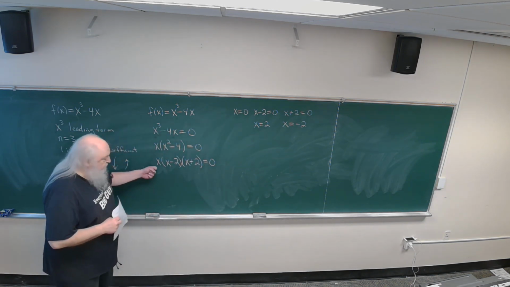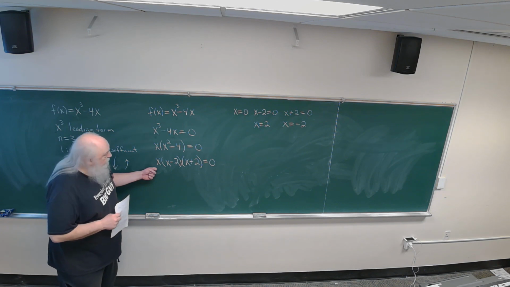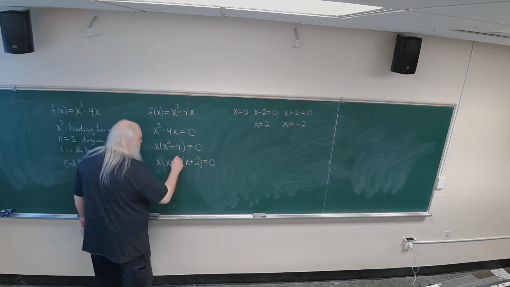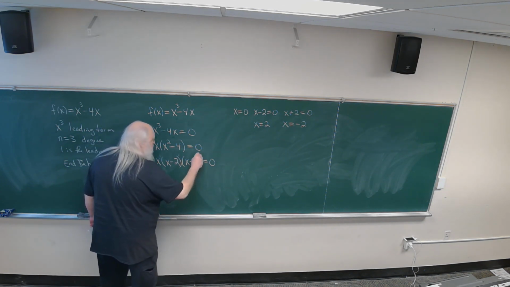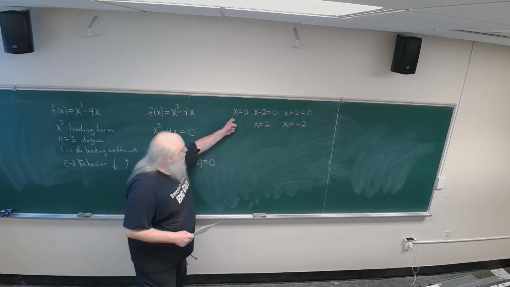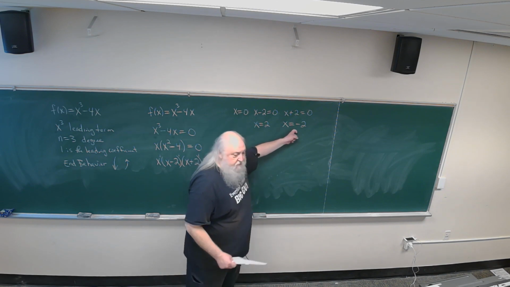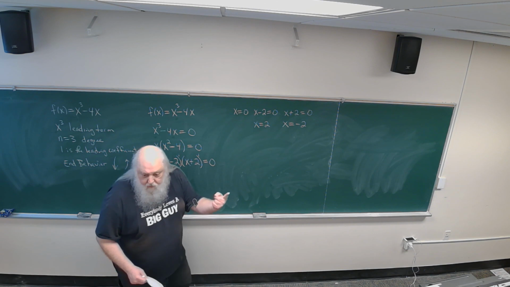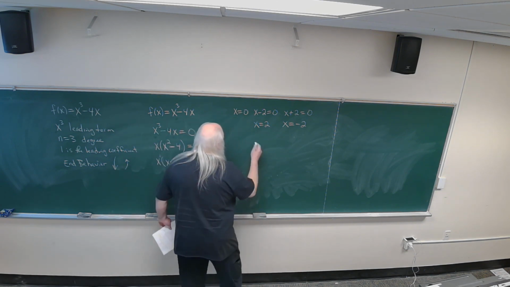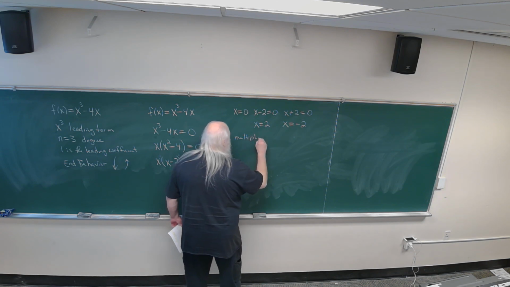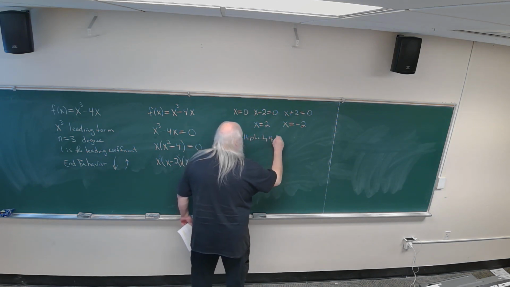You'll notice that this is x to the first power, this is x minus 2 to the first power, and this is x plus 2 to the first power. So x equals 0, x equals 2, and x equals minus 2 are all zeros with a multiplicity of 1.